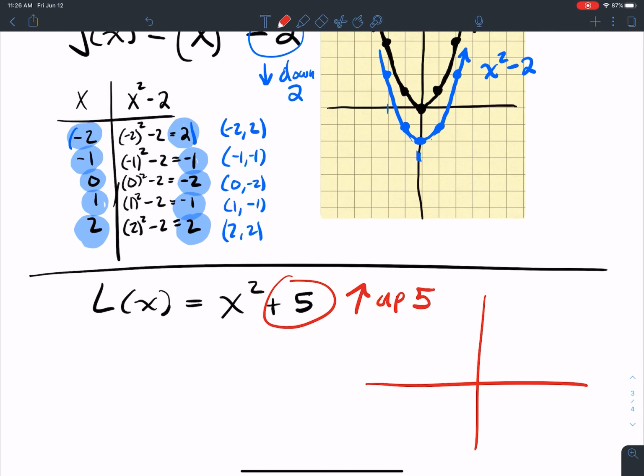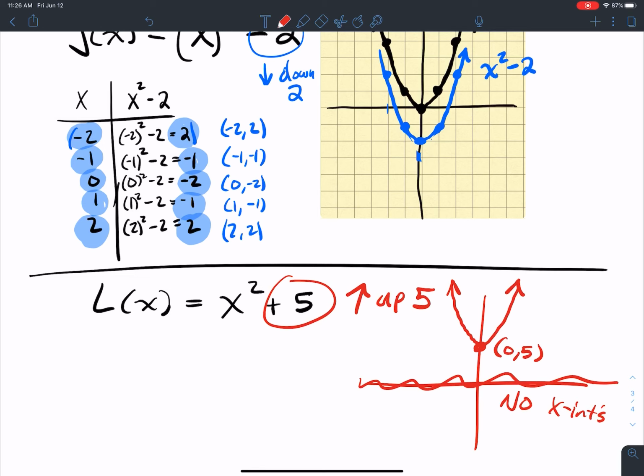So now all I have to do is take my parabola and shift it up 5 units. So now the new vertex is 0, 5. Okay, and there's no x-intercepts. Never crosses this x-axis here, right?